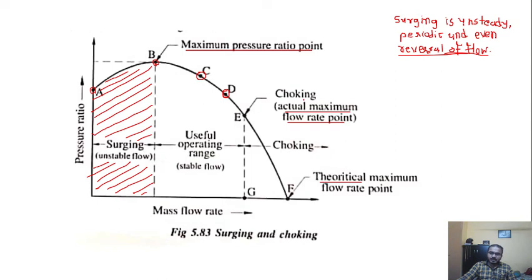Then we might reach a point, actually this will only reduce the pressure ratio, and we may reach a point where we are getting the maximum flow rate, and it is not possible to go beyond this point number E, because the compressor is delivering the maximum mass flow which is possible from its side. So at this point and beyond this point, we observe a phenomenon called choking. So we cannot go beyond this point number E practically.